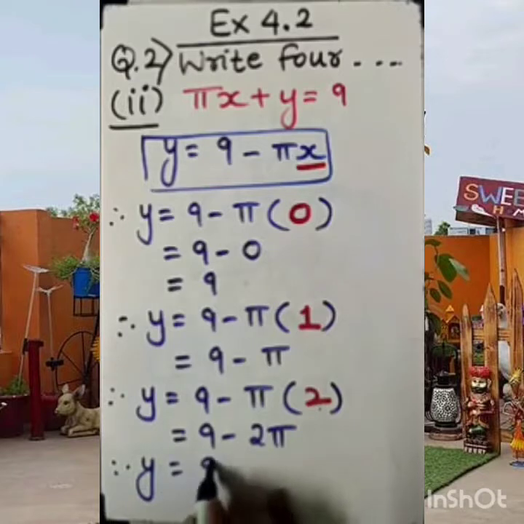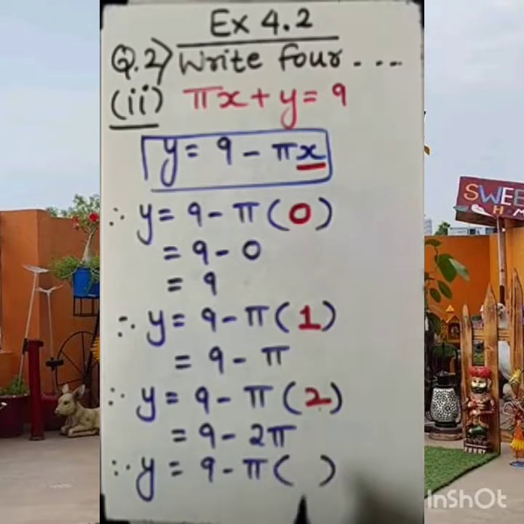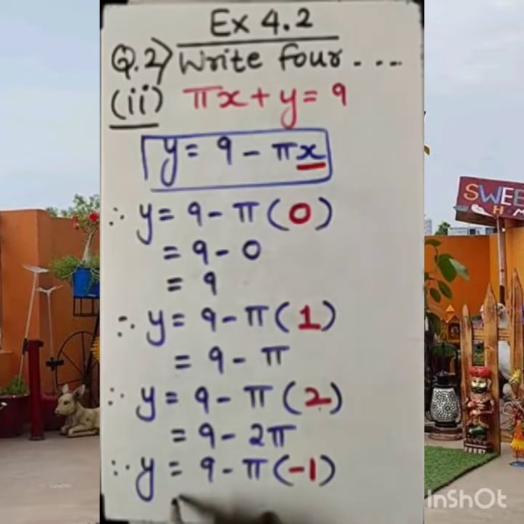One more value we are choosing for x. This time I would like to choose a negative number. So for your better understanding, I am choosing minus 1 here. If I write minus 1, then of course you know this will become plus, because minus minus is plus. Pi into 1 is pi.